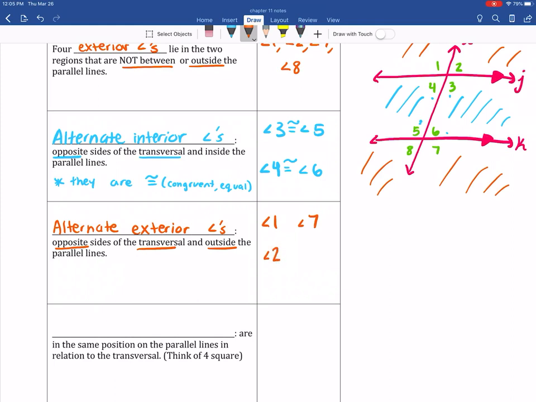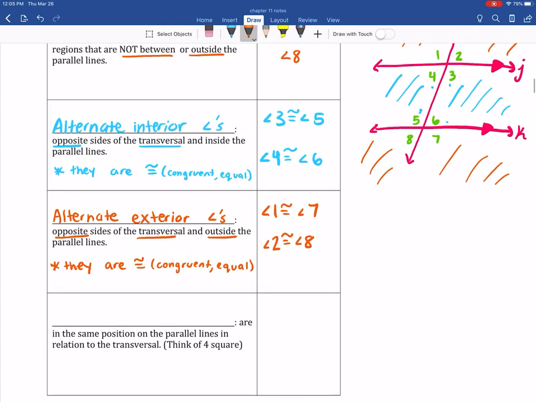If I say angle 2, opposite side would be angle 8. And just like with interior, they are also congruent. Congruent has that nice little symbol. Just means they are equal.